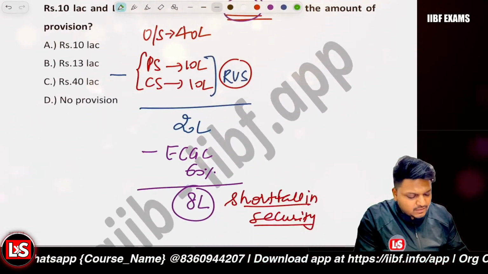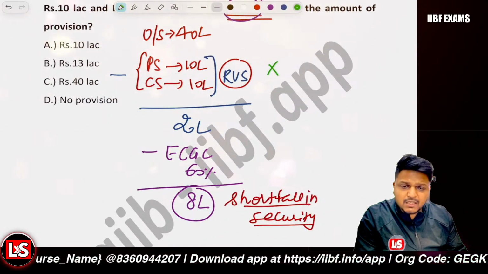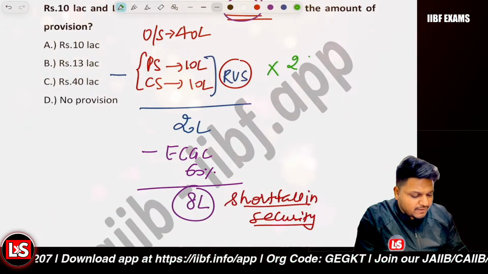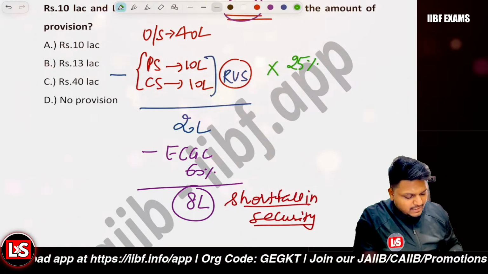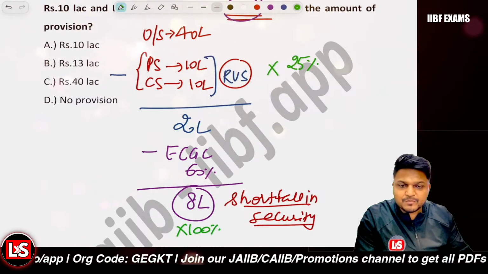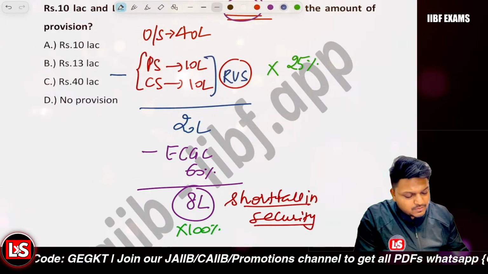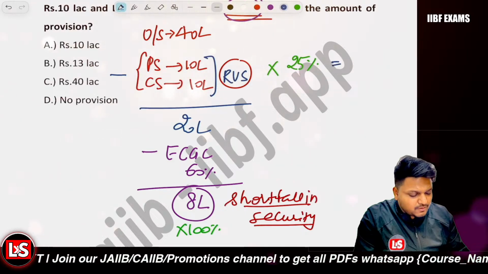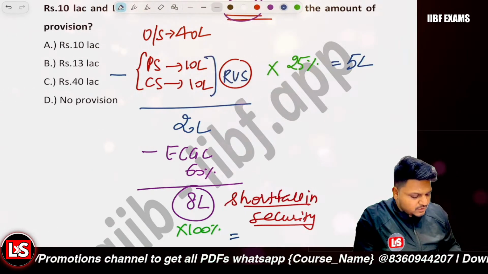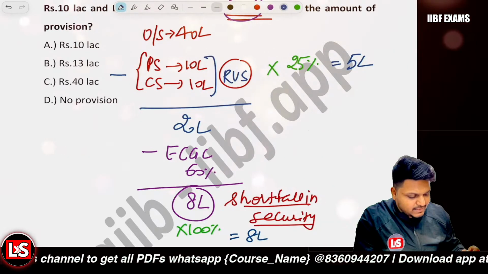So for DF1, what will we be doing? We will calculate the provision at 25% for 20 lakh rupees, and for the shortfall in security at 100%. So 25% of 20 lakh rupees means 5 lakh rupees, and 100% of 8 lakh means 8 lakh rupees.